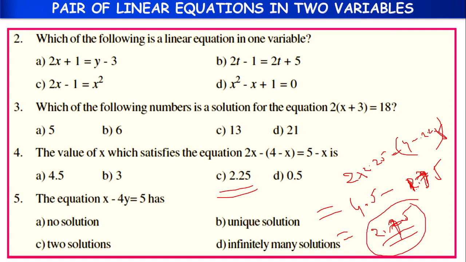This is the LHS. RHS: 5 minus x, 5 minus 2.25 equal to 2.75. So this is true. So option C is true.